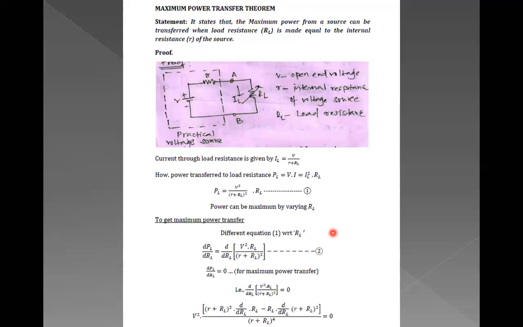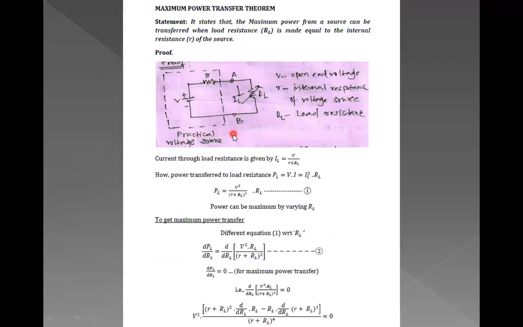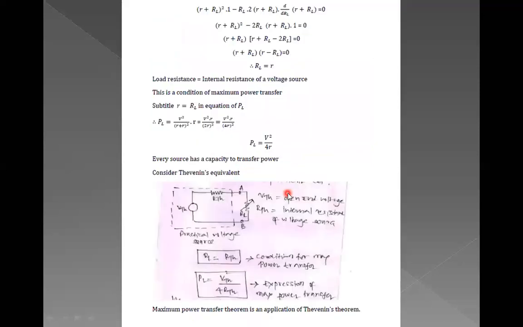So substituting, if you see here, we got RL equal to R. So this is the condition of the maximum power transfer. So substitute small r equal to RL in the equation of PL, equation number 1. So what will we get? We will get PL equal to V square into R divided by 4R square.